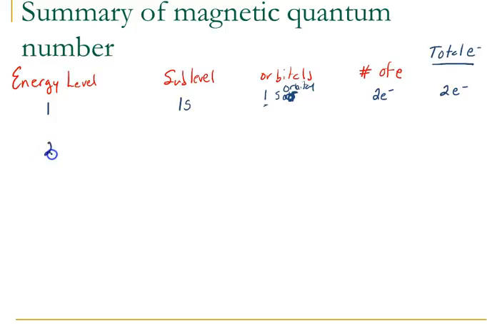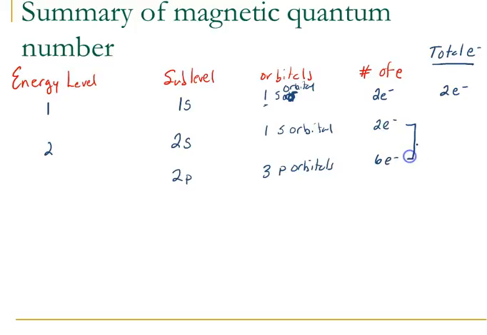Energy level 2, we have 2 sublevels. We have the 2s sublevel and the 2p sublevel. The 2s sublevel has one s orbital, which holds 2 electrons, and 2p has 3 p orbitals, which holds a total of 2 times 3 or 6 electrons.